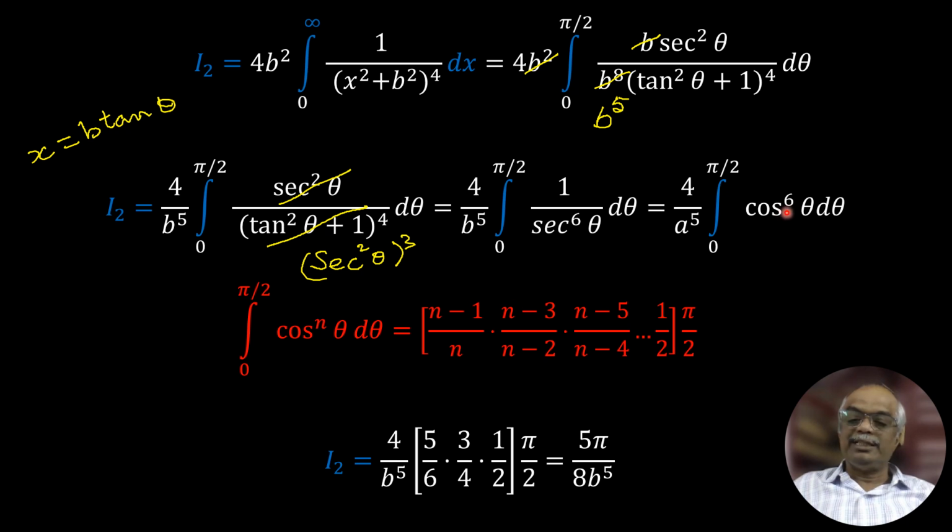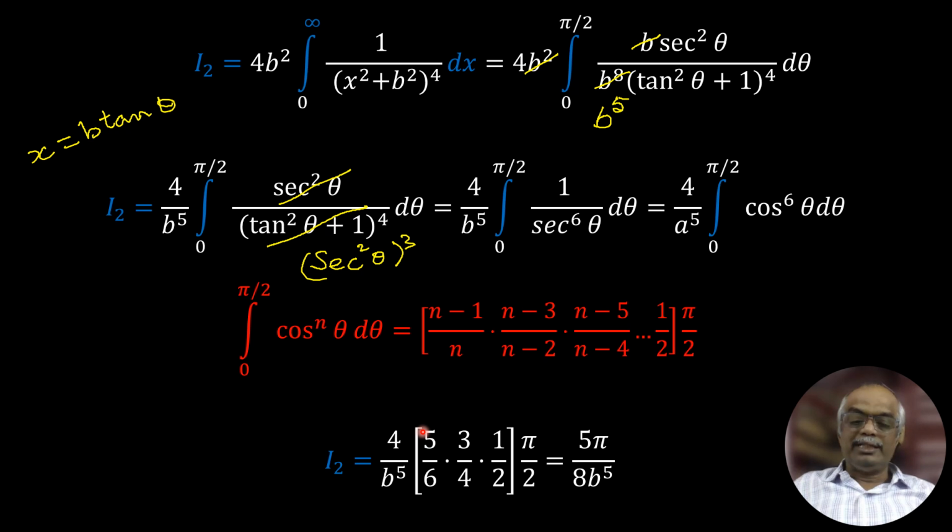So first this is 6. 6 minus 1 is 5, so 5 divided by 6, and 6 minus 3 is 3, the n minus 2, that is 6 minus 2 is 4, and n minus 5 is 1, and n minus 4 is 2, and it is pi by 2 we got.